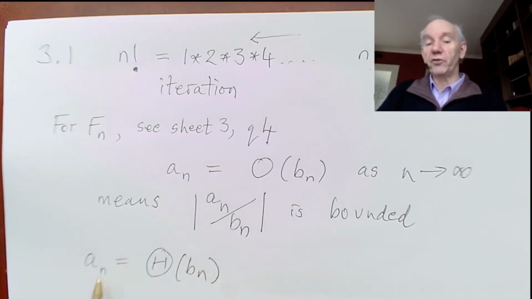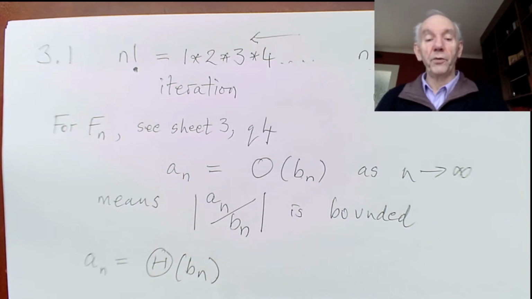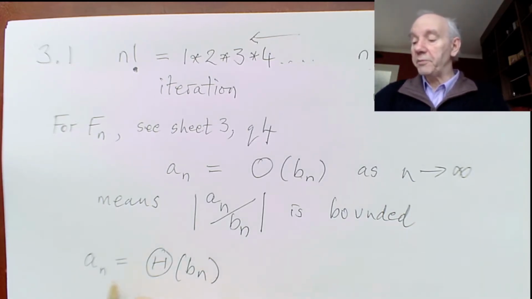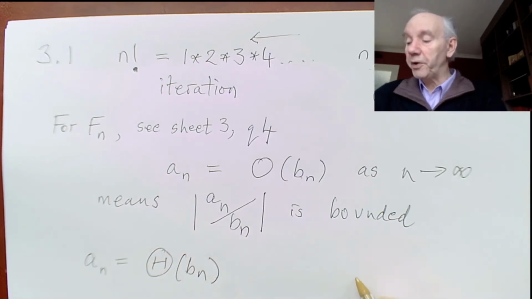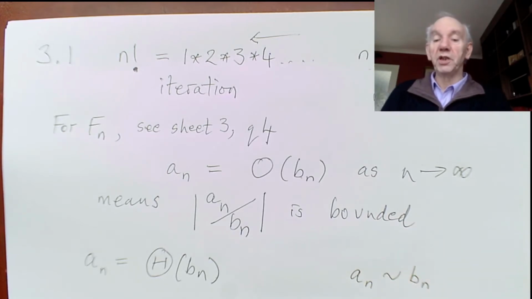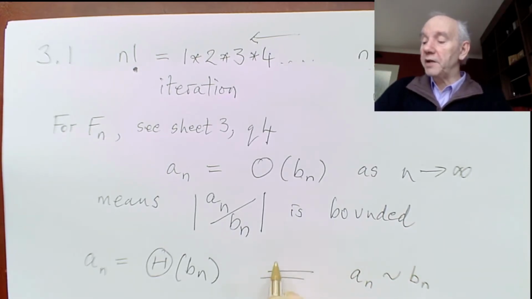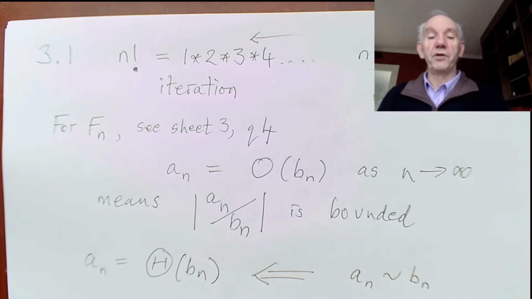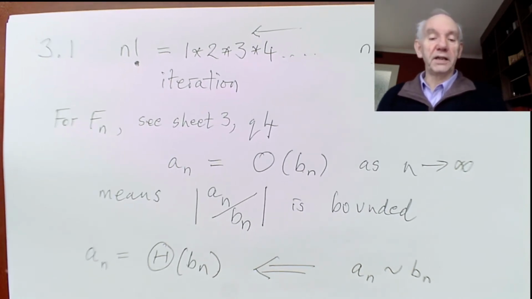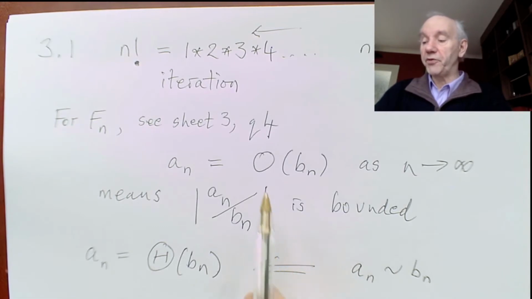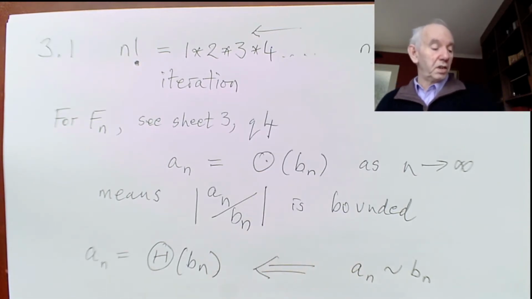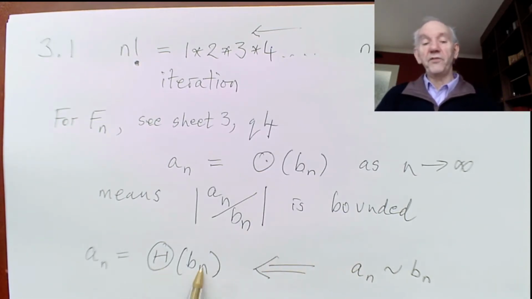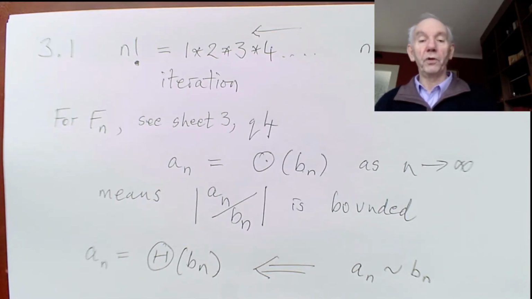So it's a more symmetric, equivalence relation between sequences, and a stronger situation would be when a_n is what's called asymptotic to b_n, which means that the quotient tends to 1. This obviously implies the theta relation. But I'm not going to say anything more about that. We'll be using mostly big O, but you may need this if you go into it in more depth, for example, if you do an informatics module.